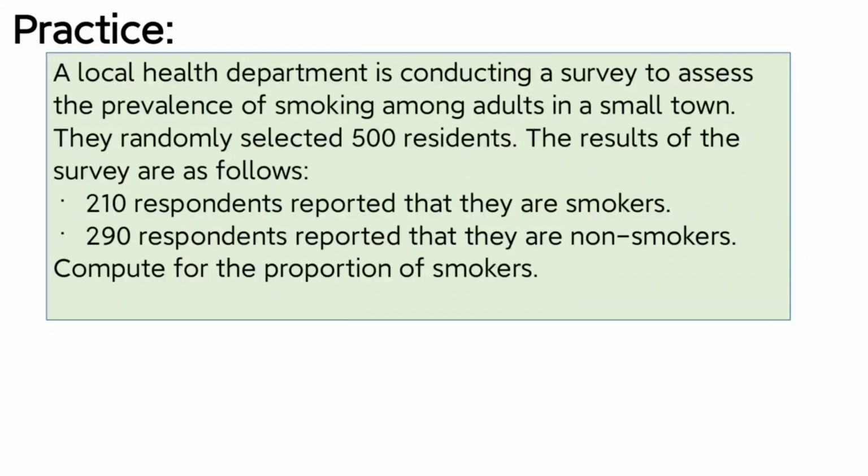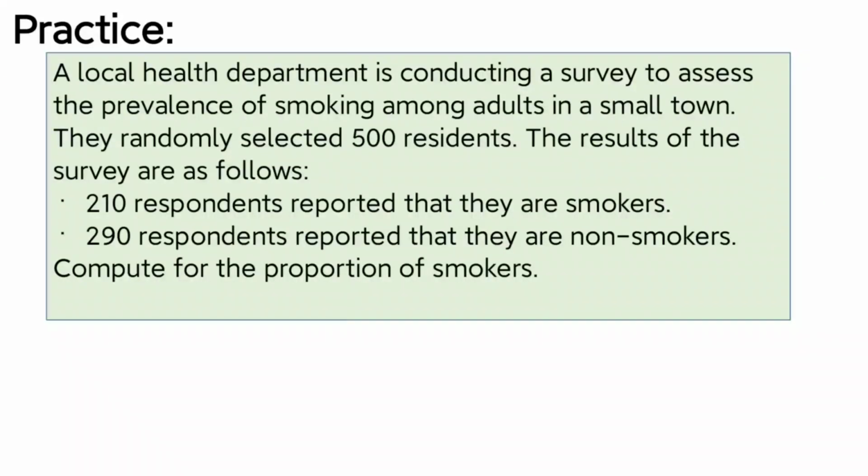So, a local health department is conducting a survey to assess the prevalence of smoking among adults in a small town. They randomly selected 500 residents. The results of the survey are as follows. 210 respondents reported that they are smokers, and 290 respondents reported that they are non-smokers. Compute for the proportion of smokers.